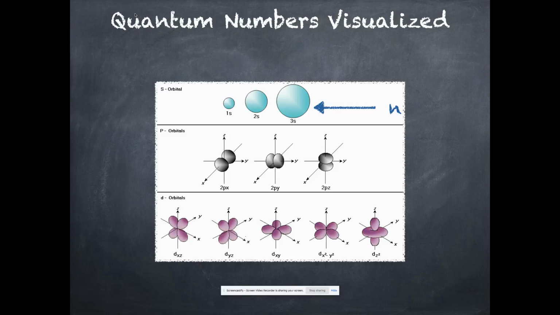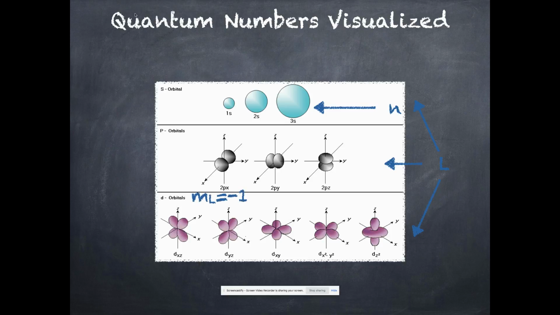So you see the 1s orbital, the 2s orbital, the 3s orbital. They get bigger. 1, 2, and 3 are the principal quantum numbers. Now, L, the Azimuthal quantum number, is going to tell us whether it's an s orbital, or a p orbital, or a d orbital, which basically tells us the shape of those orbitals.